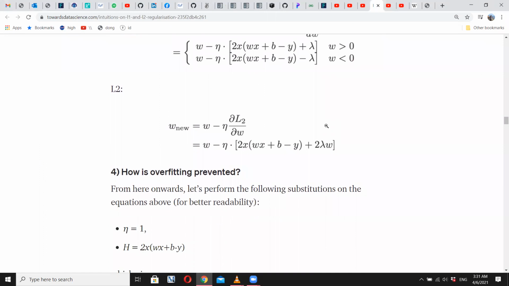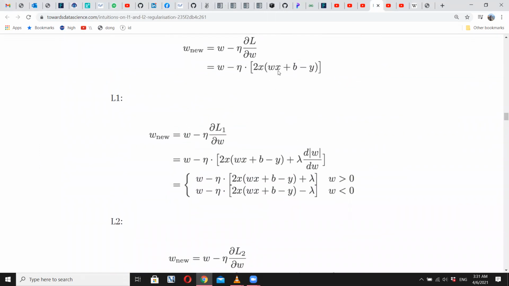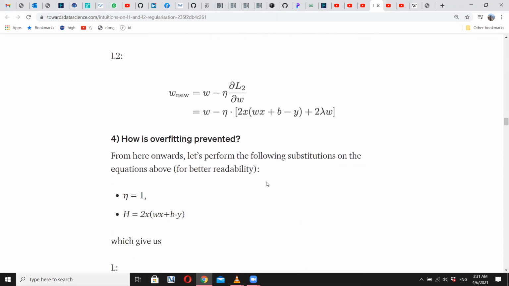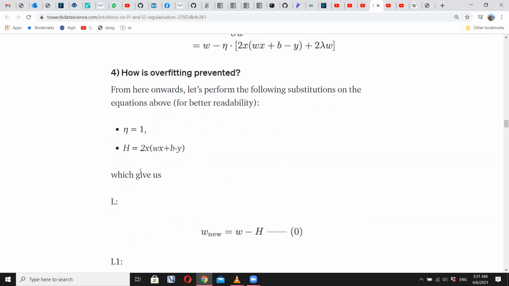If you look closely, 2x multiplied by (wx plus b minus y), this term is the same over here, the same term over here, and the same term over here as well. So let's say that we substitute this term with h.